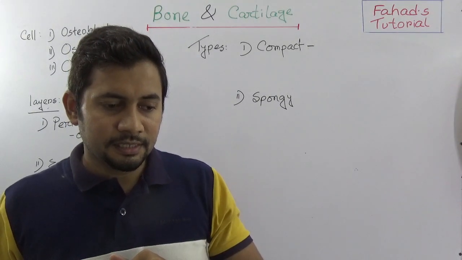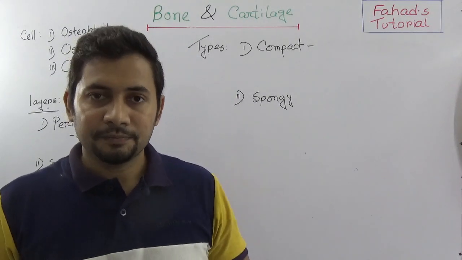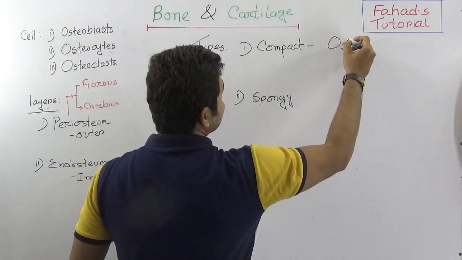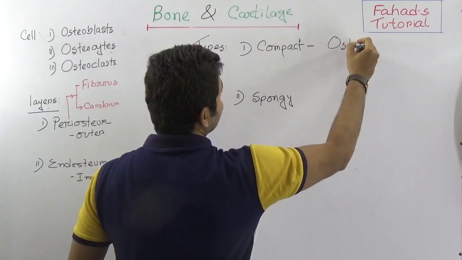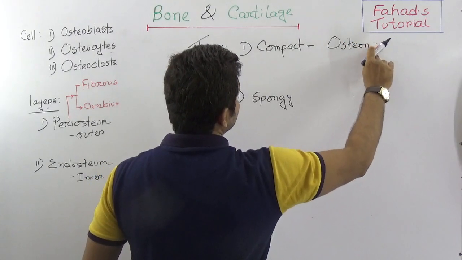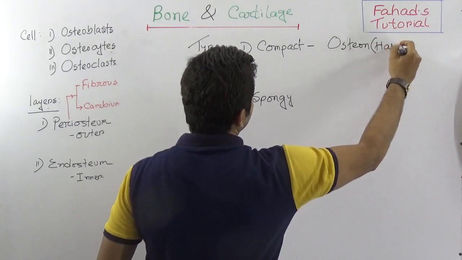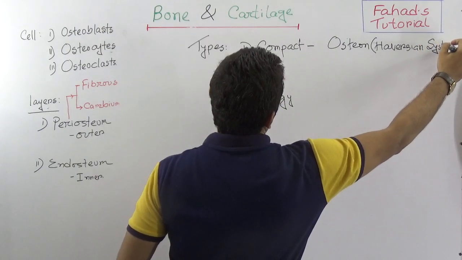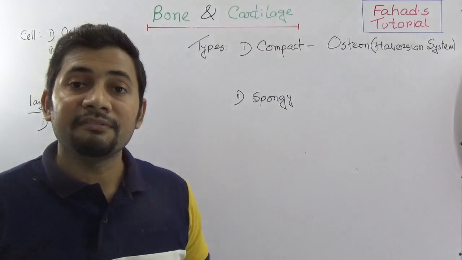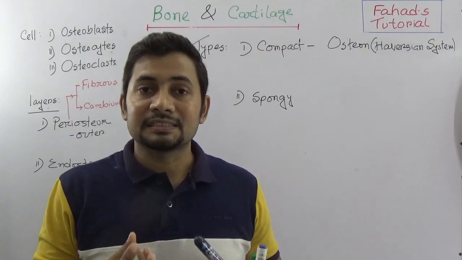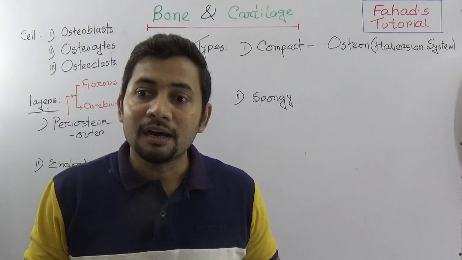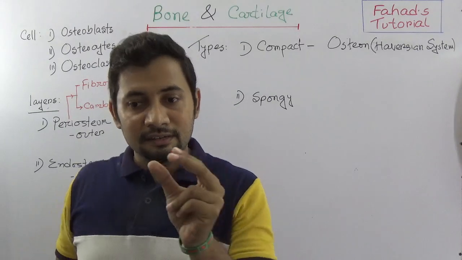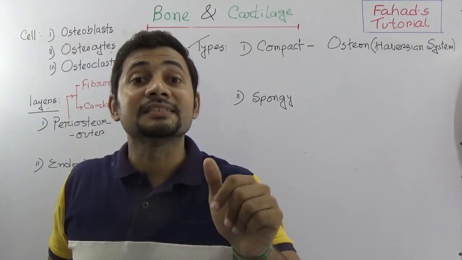Also remember that the main functional unit of this compact bone is osteon, or as it is called, the Haversian system. So osteon or the Haversian system makes this compact bone, and it has nerve endings, because bone has nerve endings and is sensitive.